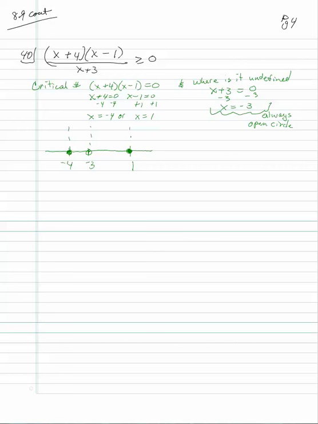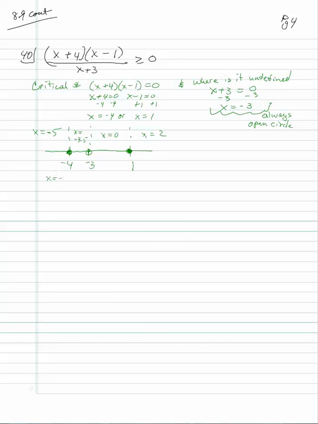Okay, so we got 4 intervals now, so we got x equals, say, negative 5, x equals negative 3.5, x equals 0, x equals 2. And we're going to plug them into the inequality. And again, I can just look at the sign.